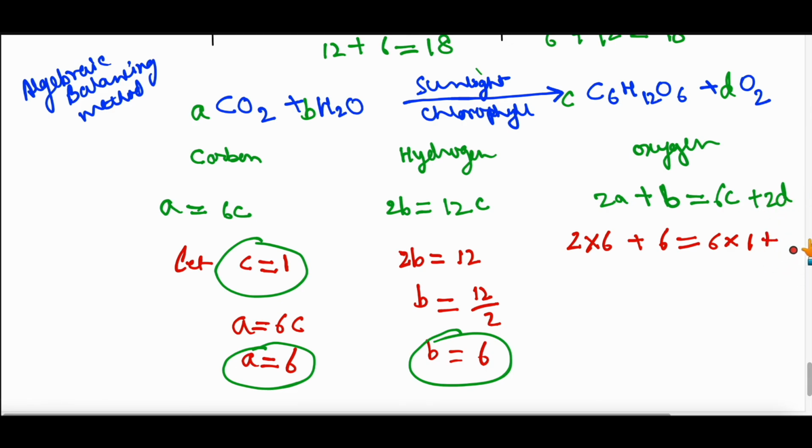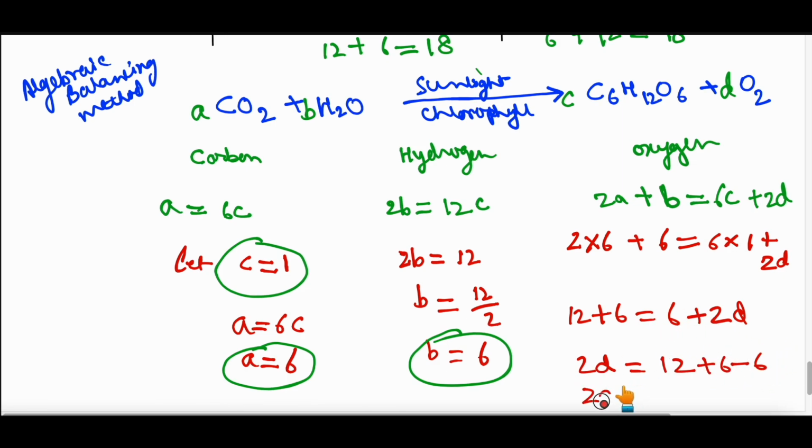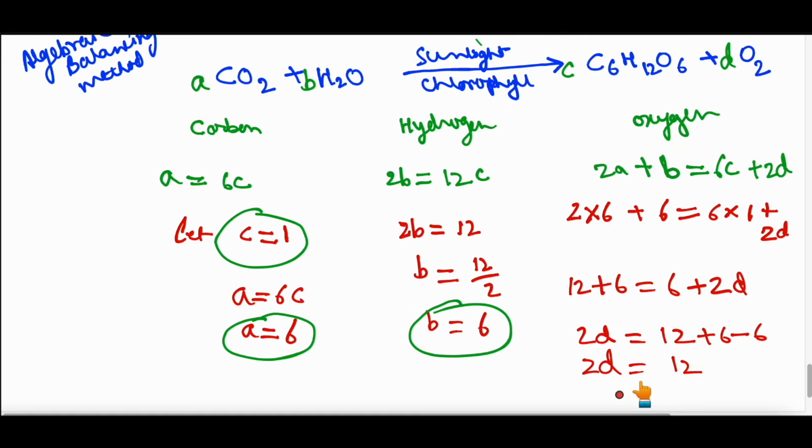We have to find out the value of D. So we will write it here 2D itself. So now the equation becomes 12 plus 6 is equal to 6 plus 2D. We have to find out the value of 2D. So 2D is equal to 12 plus 6 minus 6. Now on solving mathematically, we get 2D is equal to 12. Therefore, D is equal to 6. So we have got the value of D as 6.